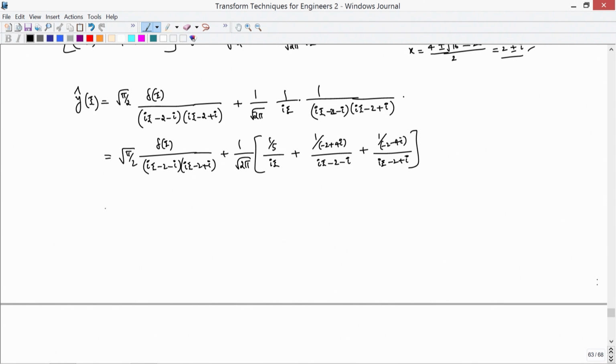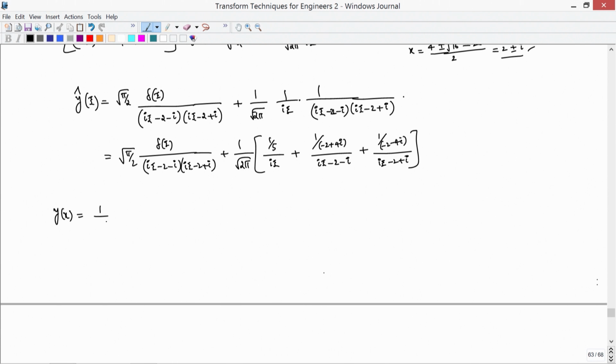So, once you write like this, now you can take the inverse transform. What is the inverse transform of this? The inverse transform of each of these 4 terms. So, the first one, you do not know exactly what is the inverse of this, because it involves the delta function.